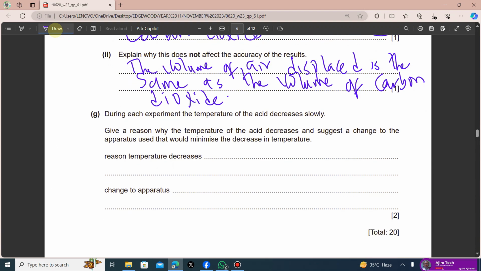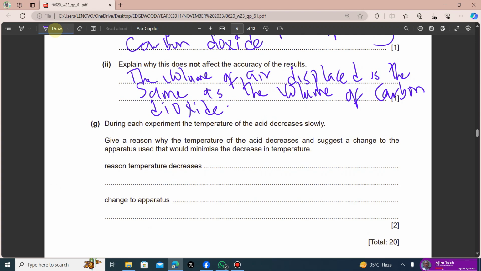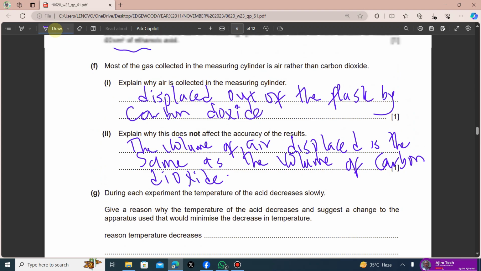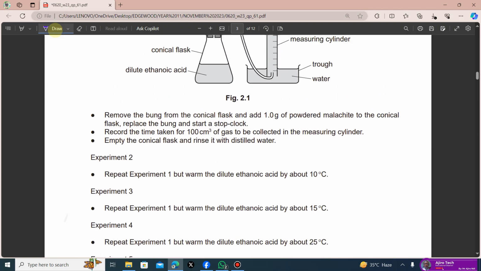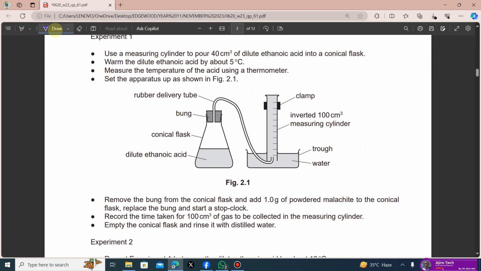During this experiment, the temperature of the acid decreases slowly. So give a reason why the temperature of the acid decreases and suggest a change to the apparatus used that will minimize the decrease in temperature. If you look at the setup of this experiment, you see that a conical flask is used here, which is glassware.